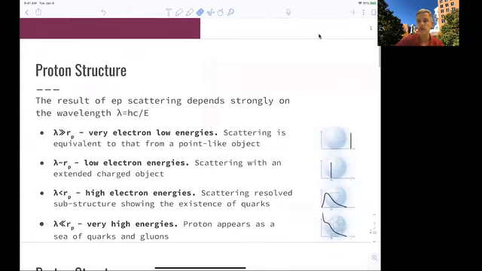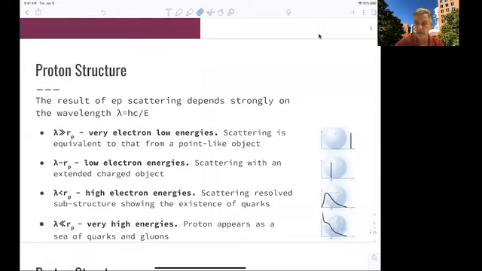Let me just talk about this in more general terms. The energy of the probing electron or the photon in the scattering process allows us to look at the proton with varying resolution. So at very low energies, we basically see a point-like particle, and then the scattering process looks very much like the scattering of an electron with a muon.